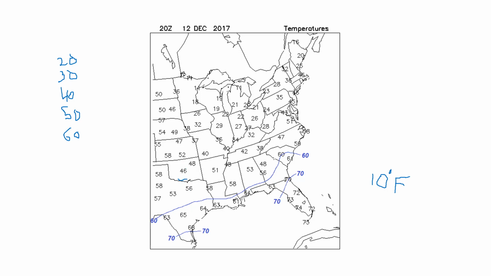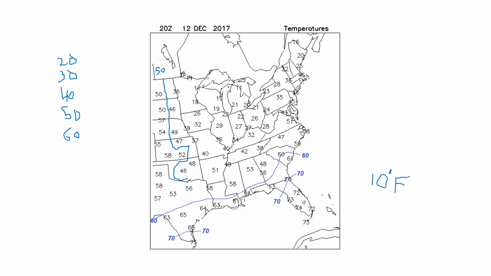The 50-degree isotherm is going to go right there. And again, just like in lab 1A, you just want to make sure that your isotherm is properly dividing temperatures that are higher in one location and temperatures that are lower on the other side.